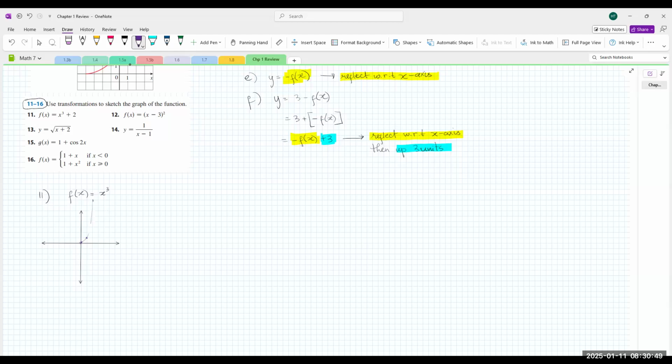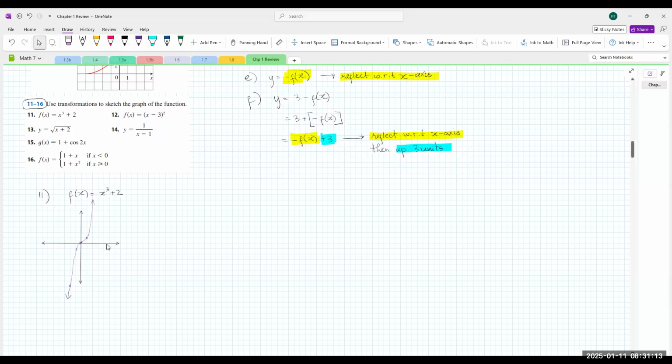And we know this is an odd function, right? Now, if we add 2, it means we need to move the graph 2 units up.